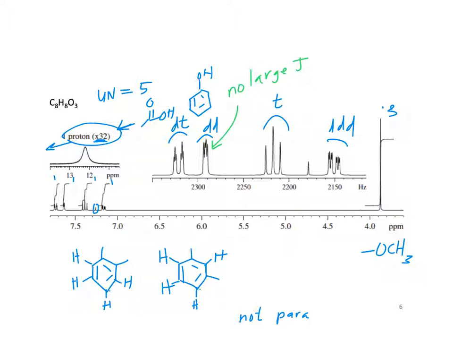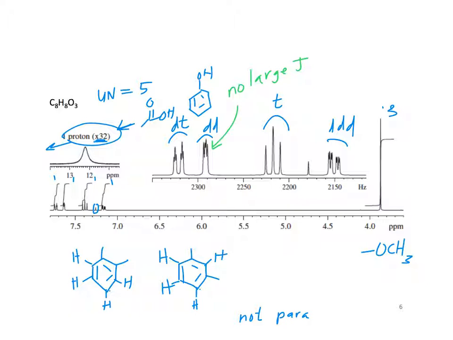Well, not second order. What's the largest J value in a benzene ring? Adjacent, ortho, right? Adjacent coupling is going to be bigger. You said that was usually 6 to 8 hertz. Meta could be more like 1 to 2, and para is more like 0.5 or something usually.